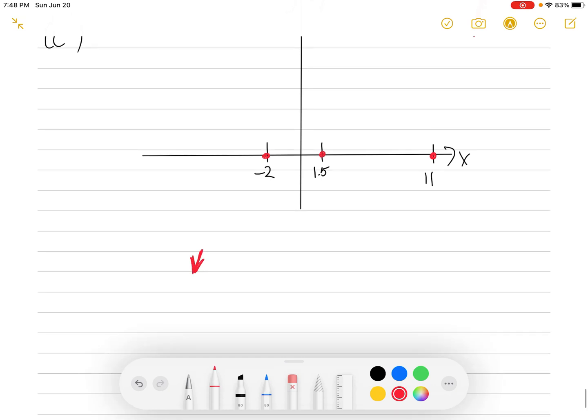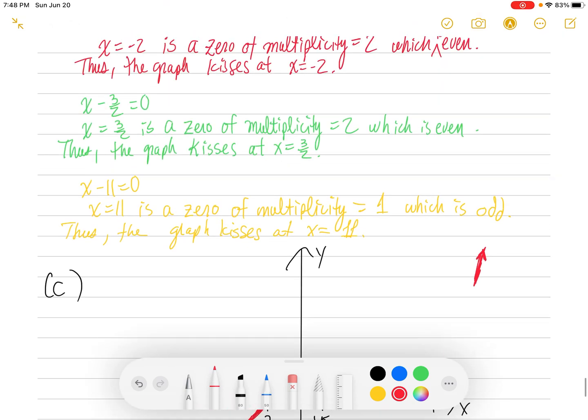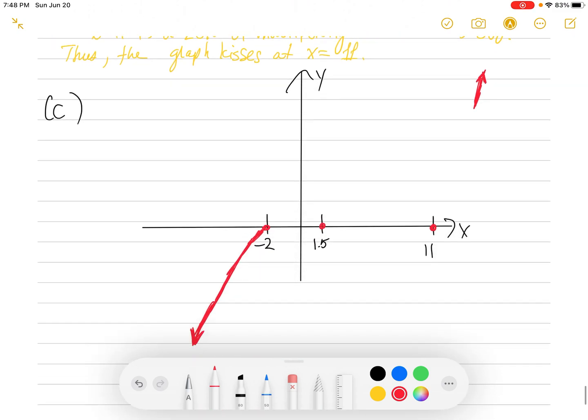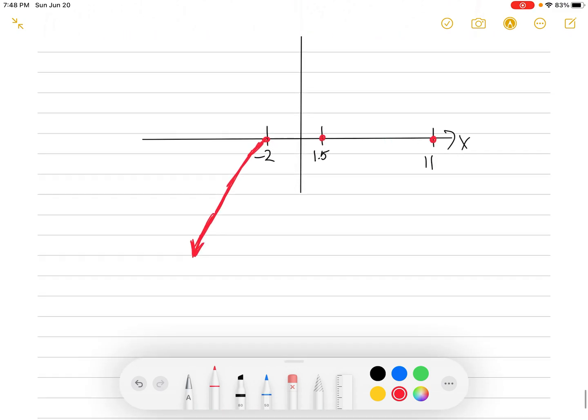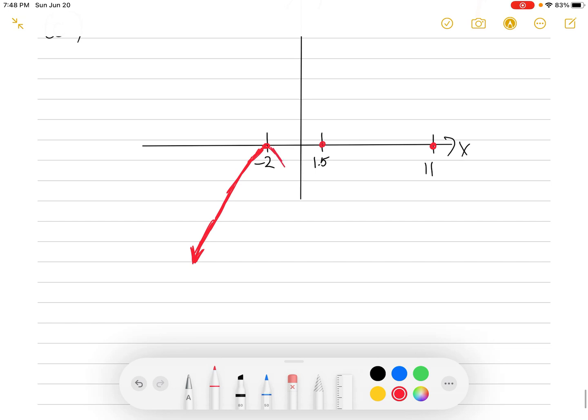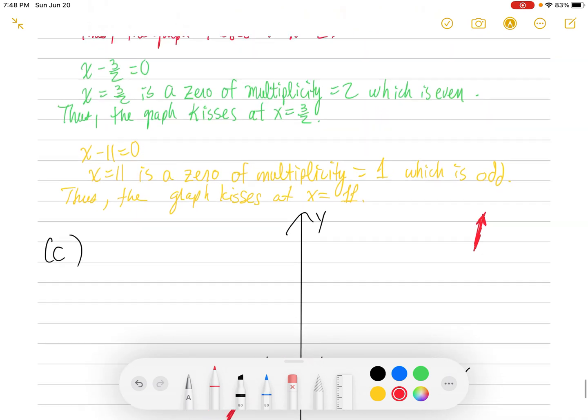Going from left to right, from this down arrow, I'm going to connect to -2. Now, what do we do at -2? Did we kiss or did we cross? We kissed at -2, so I'm going to hit -2, bounce off, and come back down. And now I'm going to have to come back up and connect to 1.5.